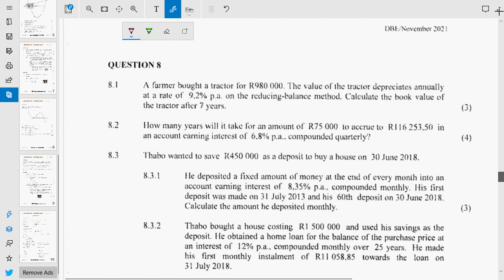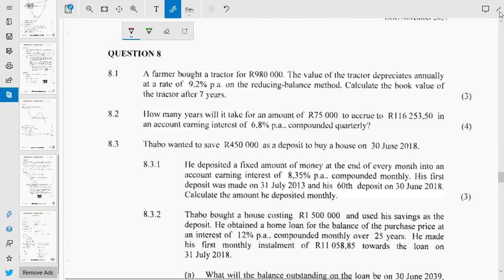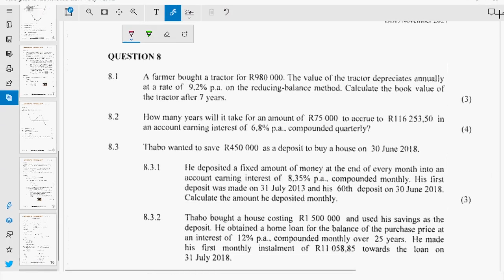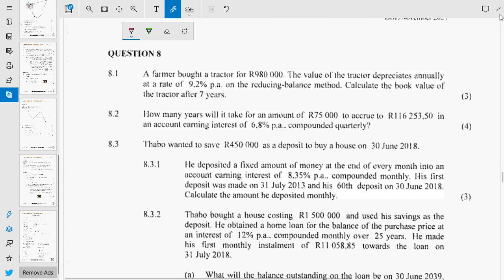And question 8 is based on financial mathematics. So what they are saying here is that a farmer bought a tractor for 980,000. So at this moment in time, this is the present value. The value of the tractor depreciates.